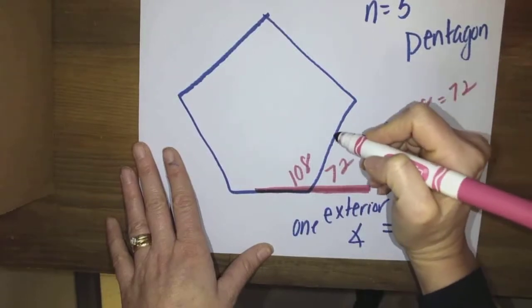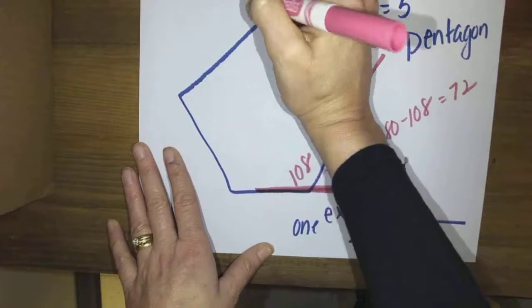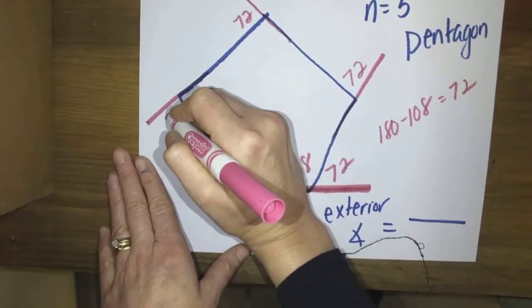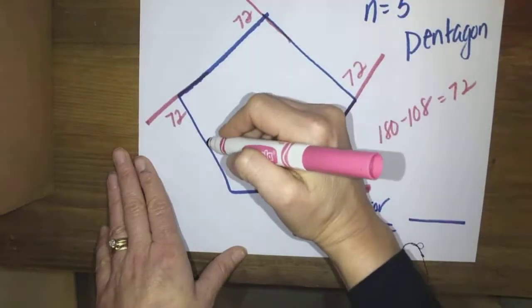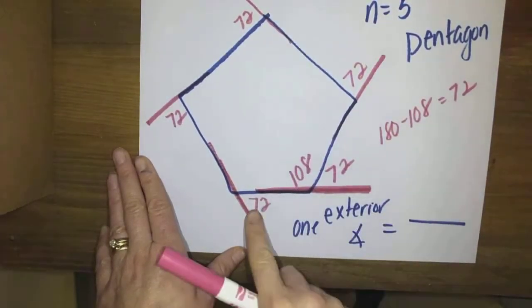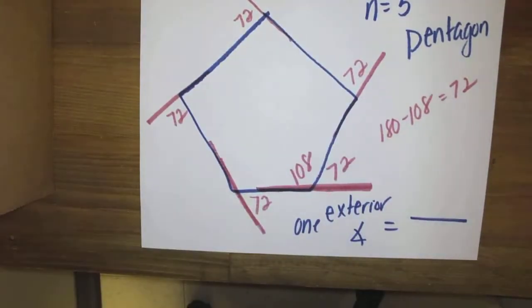So if I created an exterior angle at each spot, at each vertex, if I just put 1 on each side, 72, 72, 72, 72, 72, it adds to 360.